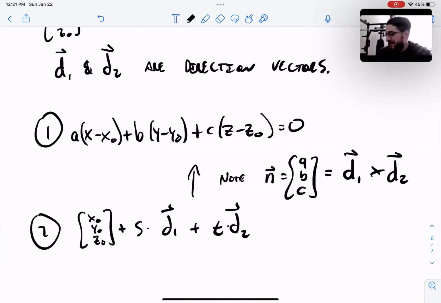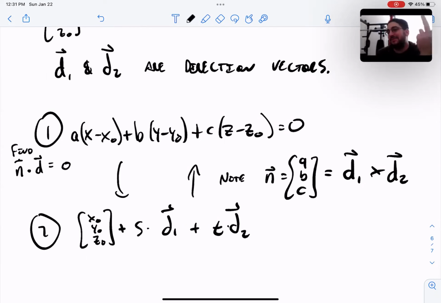Those are the coefficients. To go the other way, to get direction vectors, you already have the normal vector. Then you just want to find two solutions to n dot d equals 0. And there you have a lot of freedom. Given one normal vector, there are infinitely many direction vectors.